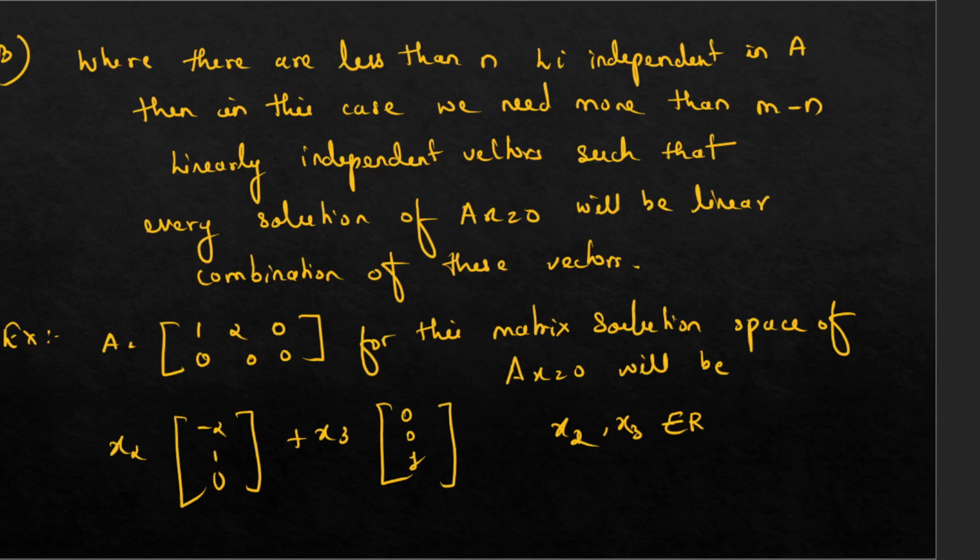So we can clearly see that m minus n, which is coming as 1, linearly independent vector cannot generate all solutions of Ax equals to 0. So because of this it is false.